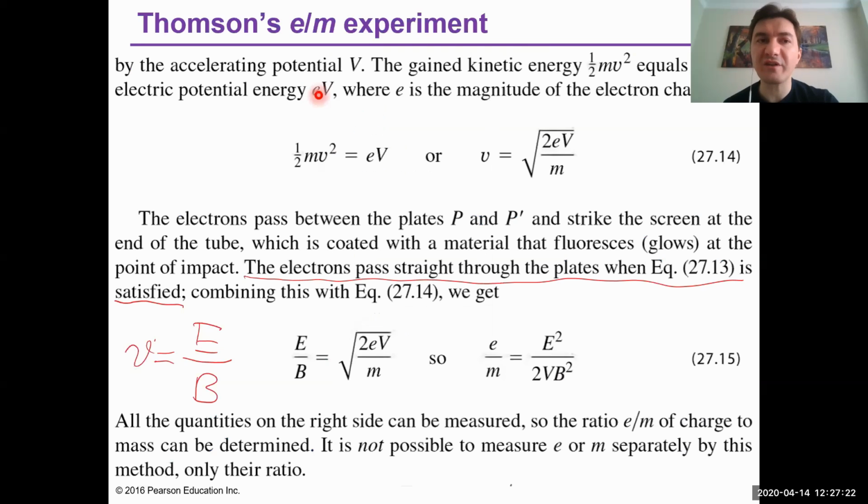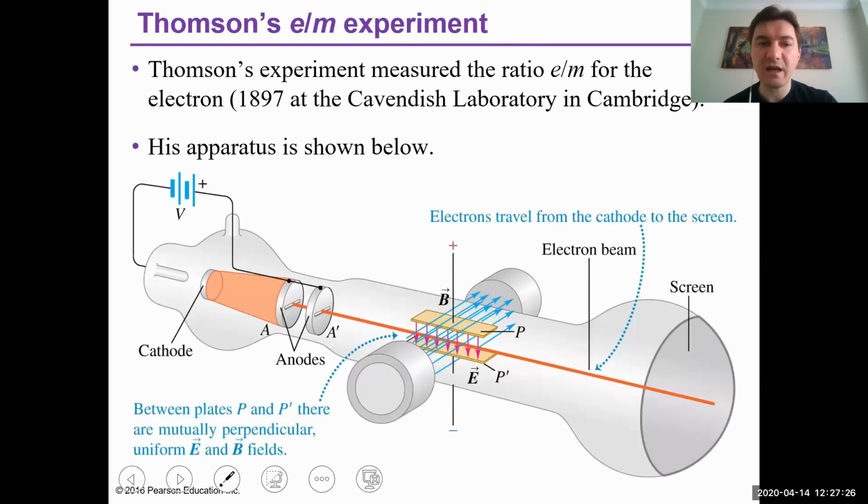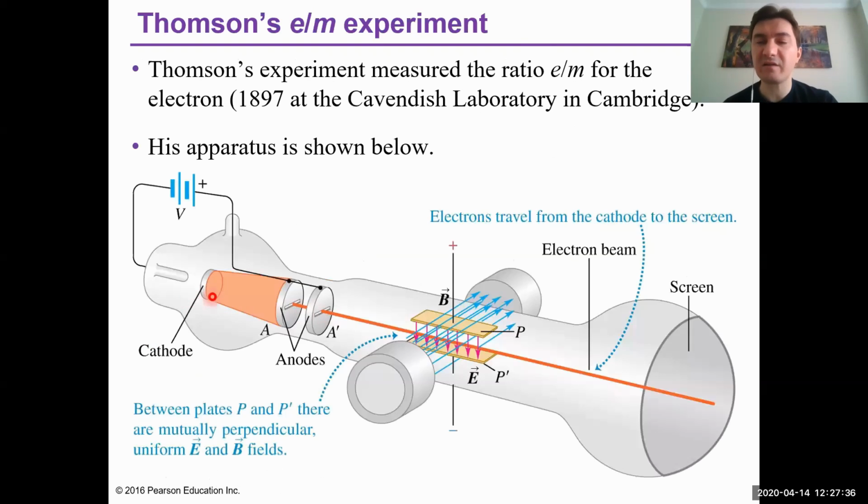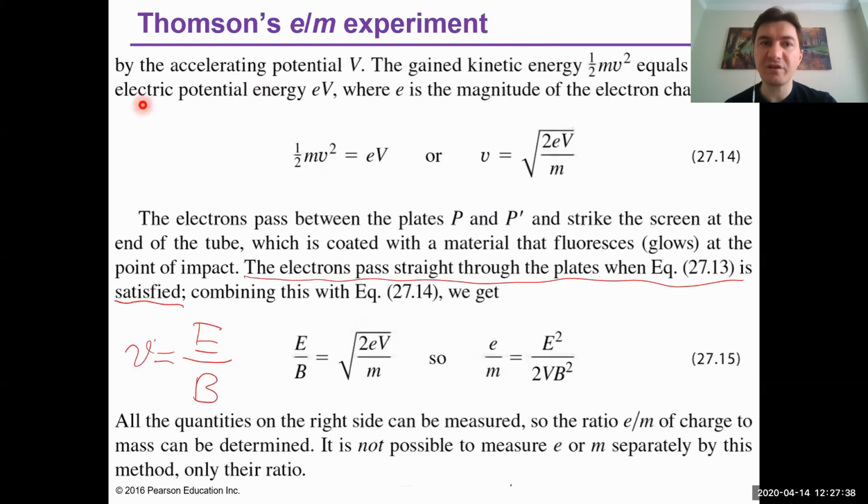This is the charge of the electron. This is the potential difference between cathode and anode. And then this electric potential energy is converted to the kinetic energy of the electron, with mass of electron and velocity of electron. The electron is accelerated, so electric potential energy is converted to kinetic energy. So from that expression, taking the velocity of the electron, you will get the square root of 2eV over m, okay?